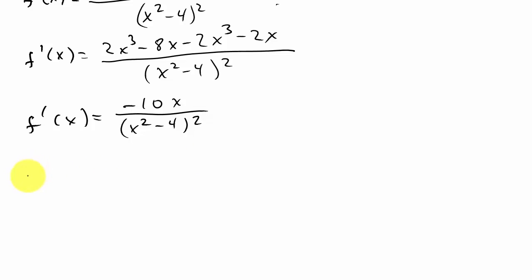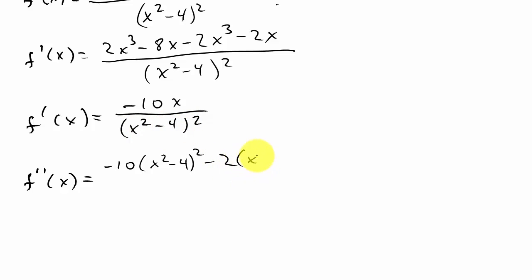Once again, we have the quotient rule. So it's the derivative of the numerator times the denominator minus the derivative of the denominator. Now here I'm going to have to use the chain rule to take the derivative of the denominator.